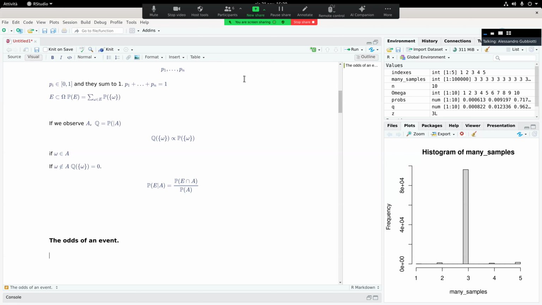So the odds are simply when you have to bet. So let's take E an event. So the odds of E are simply this quantity.